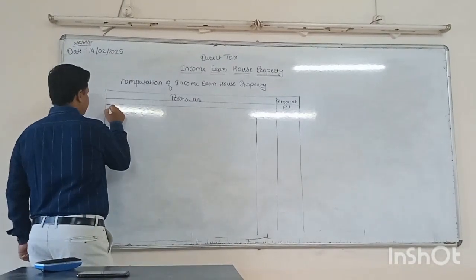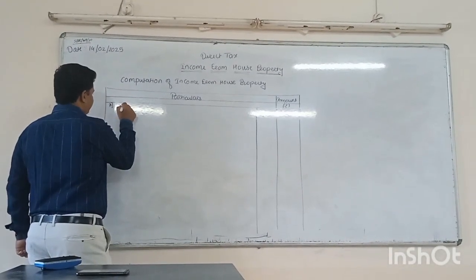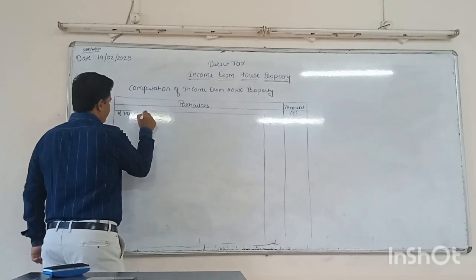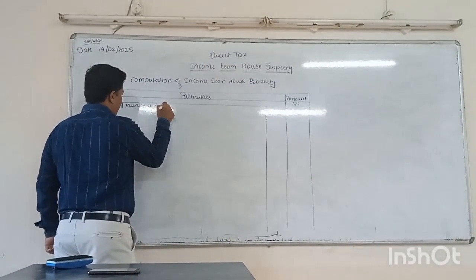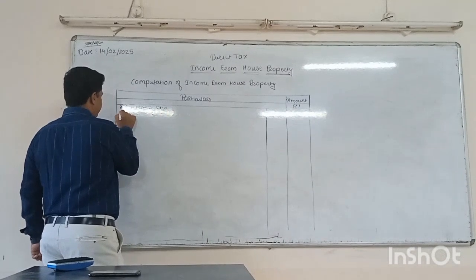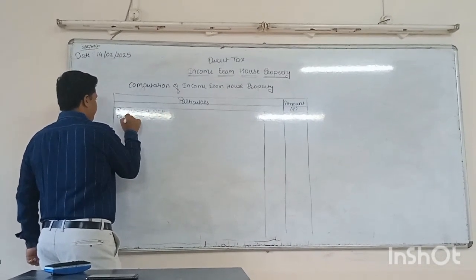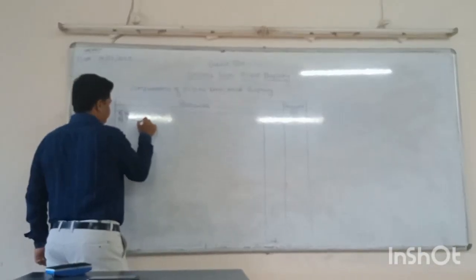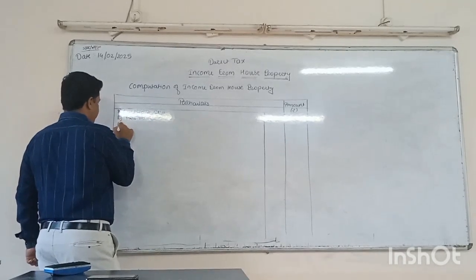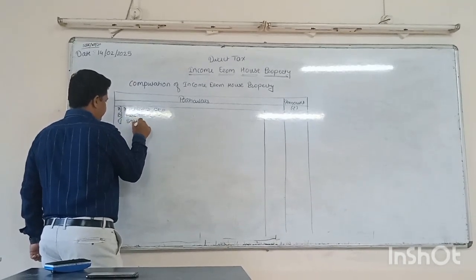So first thing is that we have to calculate municipal value of the property. A, municipal value. B, fair rent. C, standard rent.